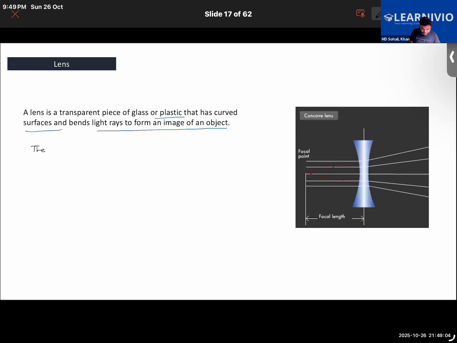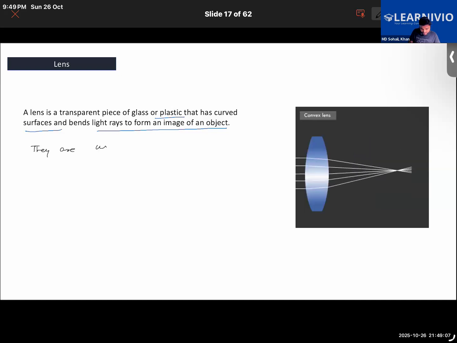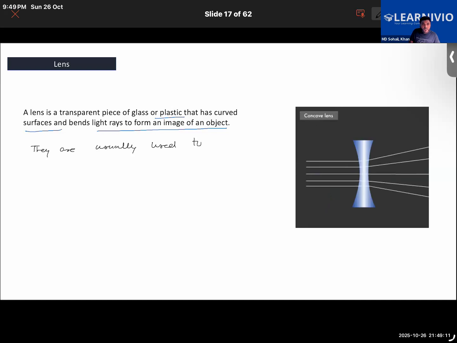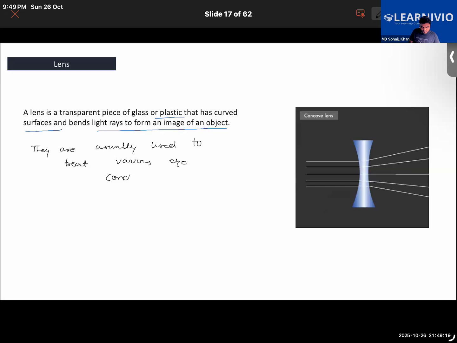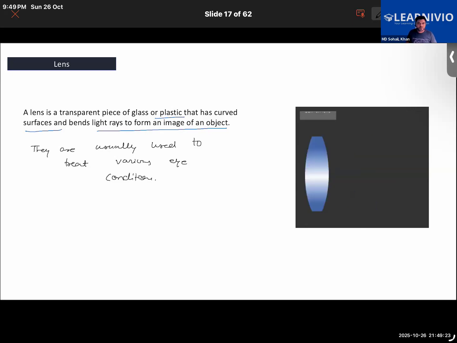They're used in eye lenses for people who don't want to wear glasses, and also in glasses.